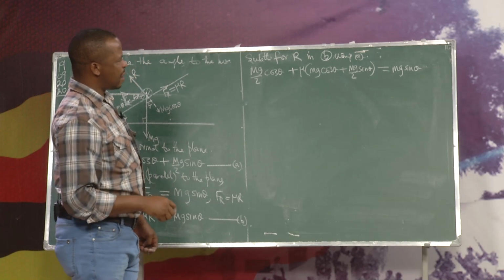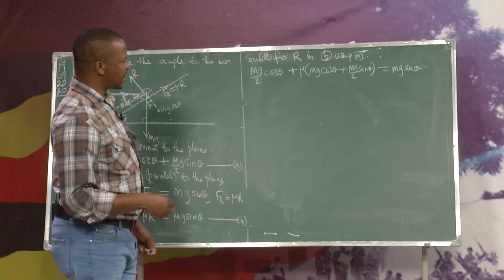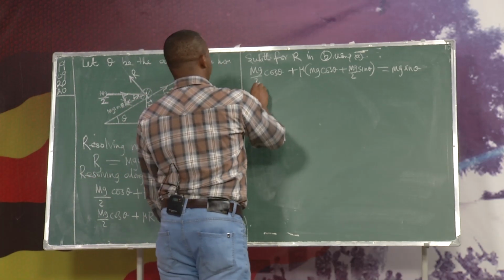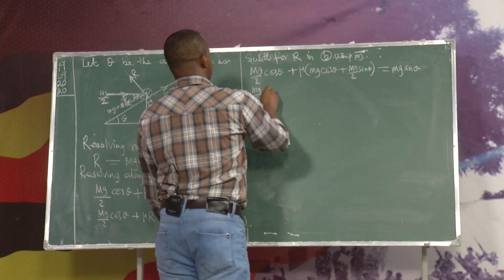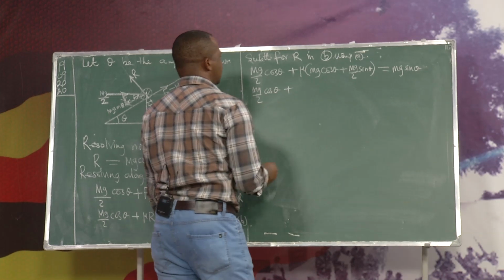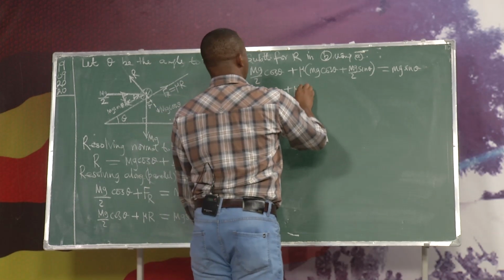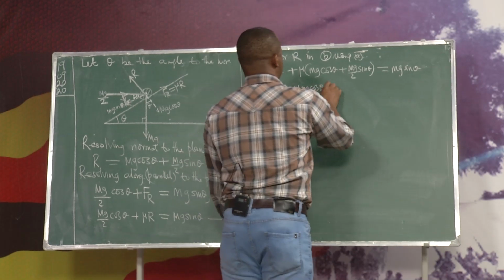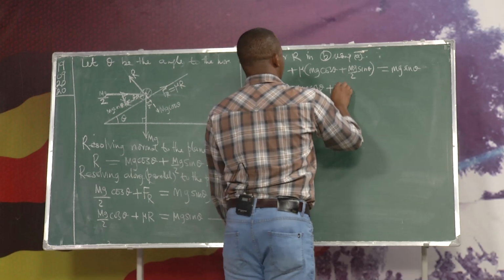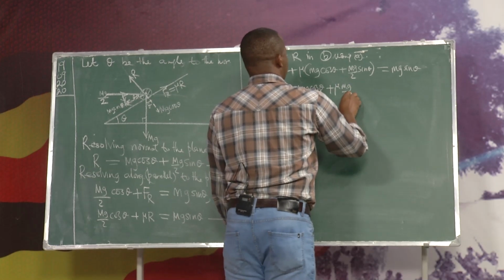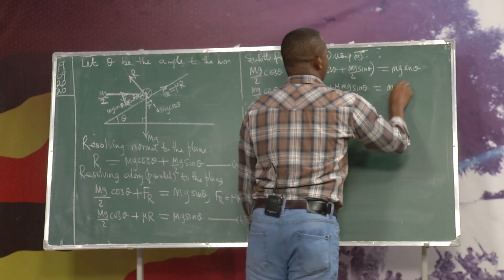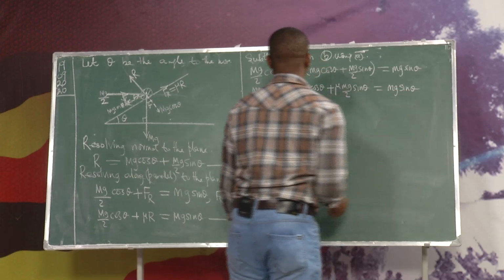The rest is now trying to open brackets and rearrange here and there. If we open brackets, we shall have mg over 2 cos theta plus mu mg cos theta plus mu mg over 2 sine theta should be equal to mg sine of theta.